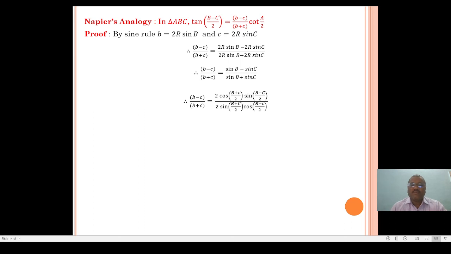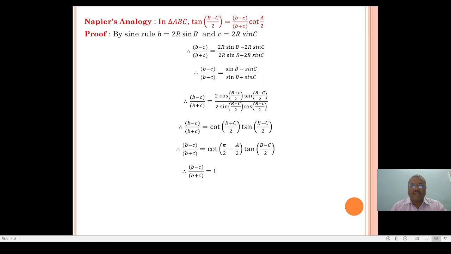divided by 2 times sin (B plus C) upon 2 into cos (B minus C) upon 2. So (b minus c) upon (b plus c) equals cot (B plus C) upon 2 and tan (B minus C) upon 2. So (b minus c) upon (b plus c) equals cot (pi by 2 minus A by 2) tan (B minus C) upon 2.